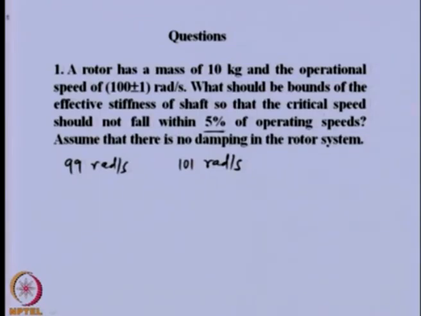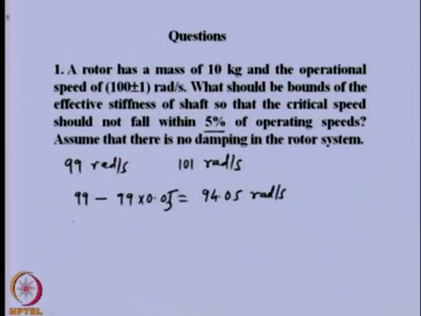That means the lower frequency, the safe frequency range, will be 99 minus 5% of this, that means 0.05, which will give us 94.05 radians per second.